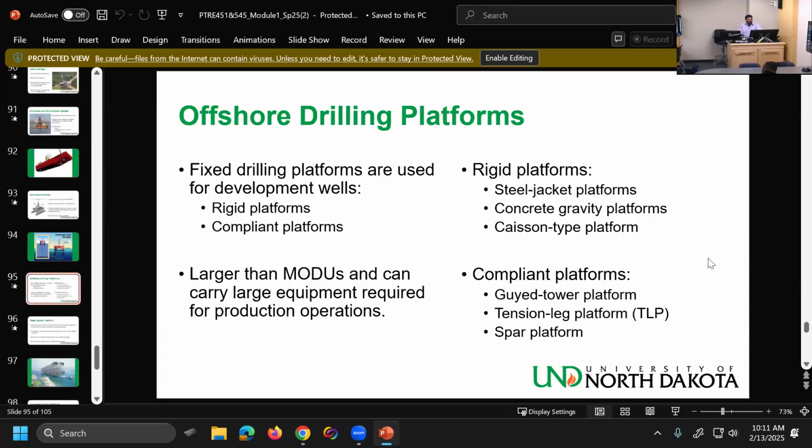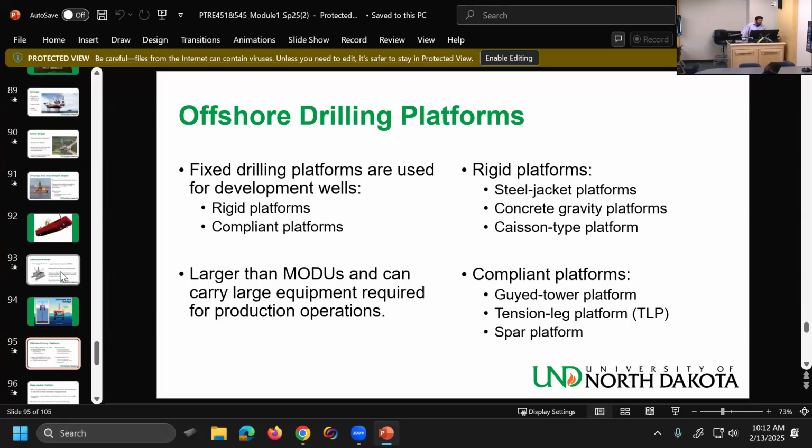Yeah, this is an important slide, because what we have seen before this slide is modus, right? And then we went to the offshore drilling platforms, which is for more permanent usage, basically.